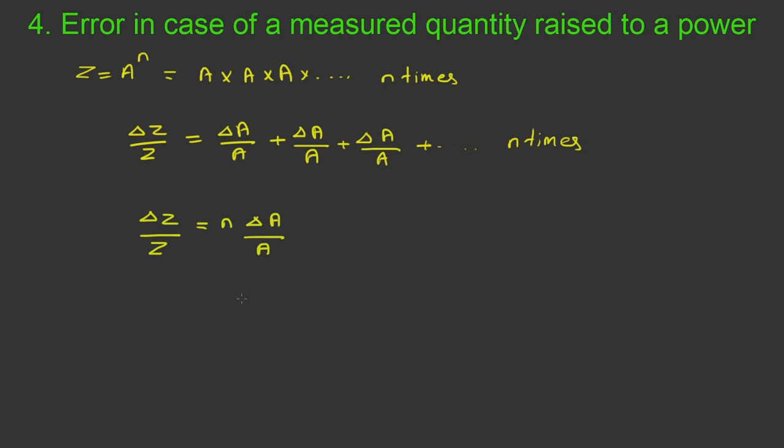So the rule is, the relative error in a physical quantity raised to a power n is n times the relative error in the individual quantity.